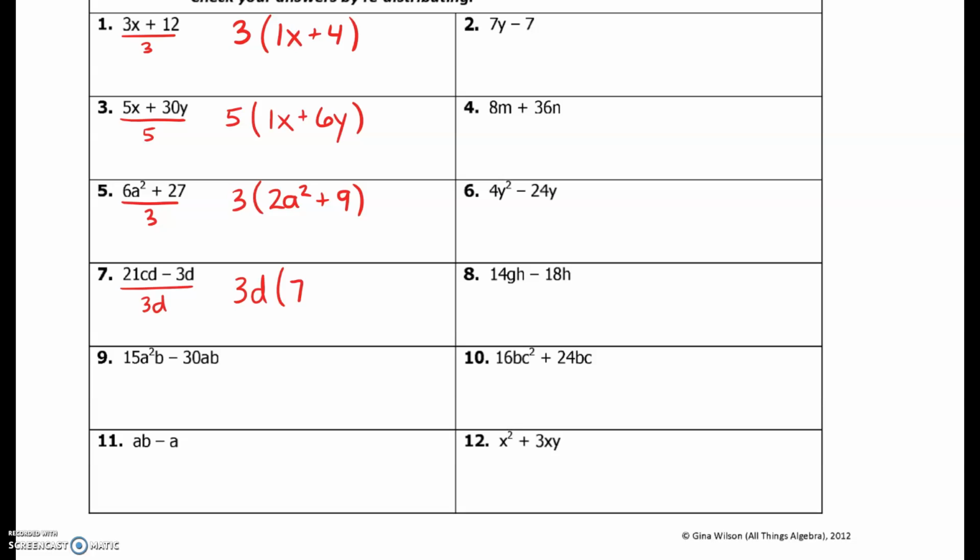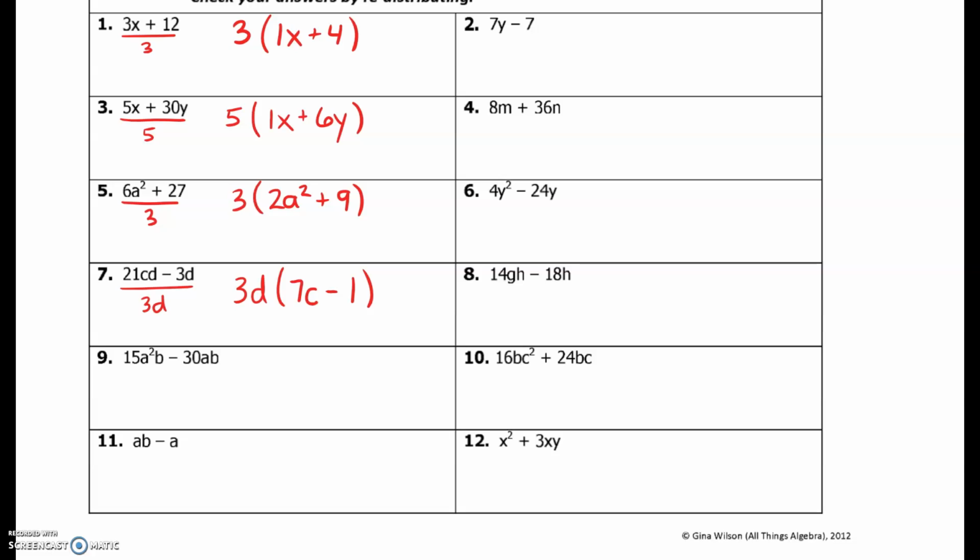So C will remain, but D minus D leaves us without any D's in that part of the expression. Then you divide 3 by 3, that will give you 1, and 1D minus 1D, they will cancel out, so you have no D written in your final part of the expression.